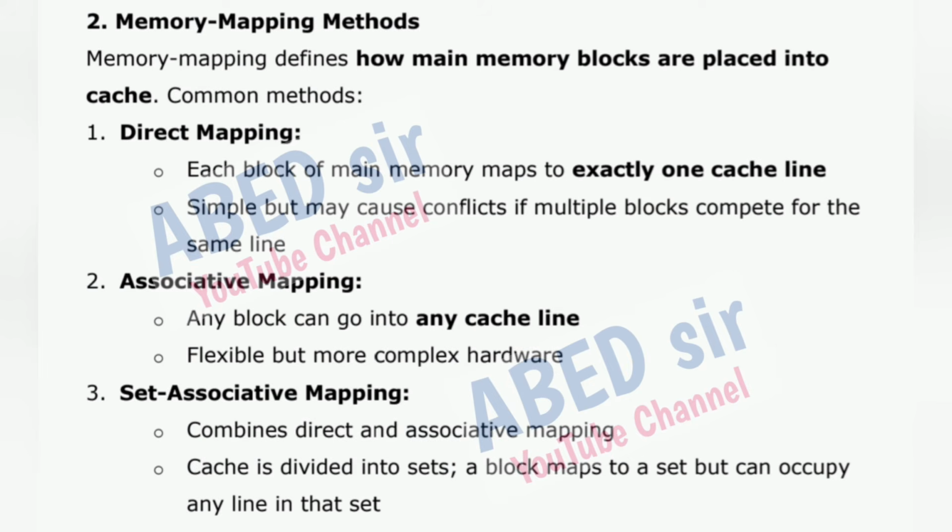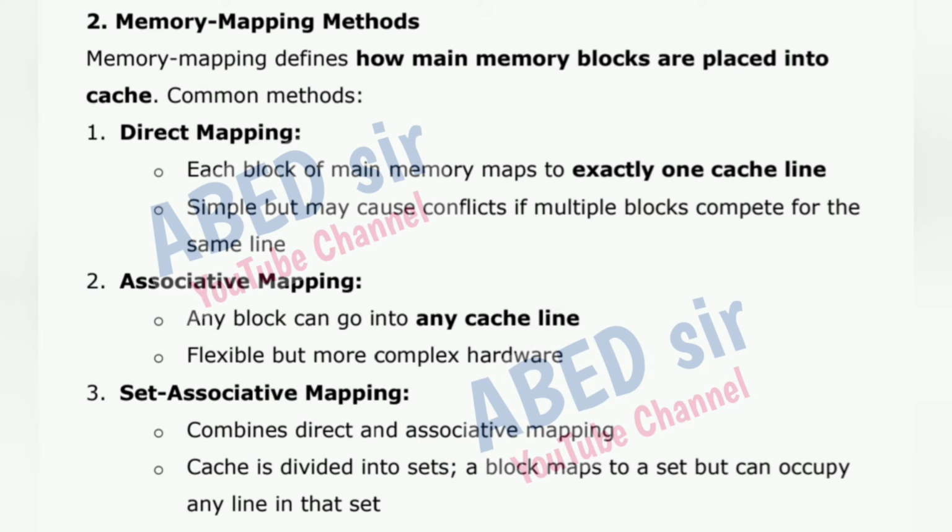2. Memory mapping methods. Memory mapping defines how main memory blocks are placed into cache. Common methods: 1. Direct mapping. Each block of main memory maps to exactly one cache line. Simple but may cause conflicts if multiple blocks compete for the same line. 2.